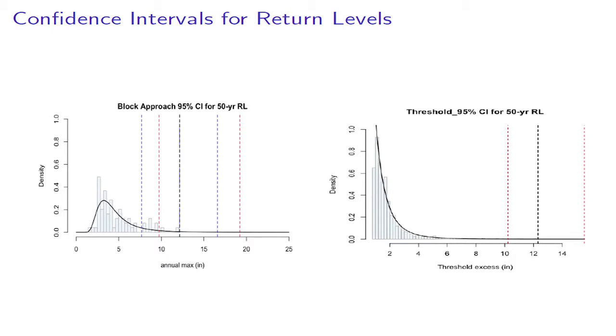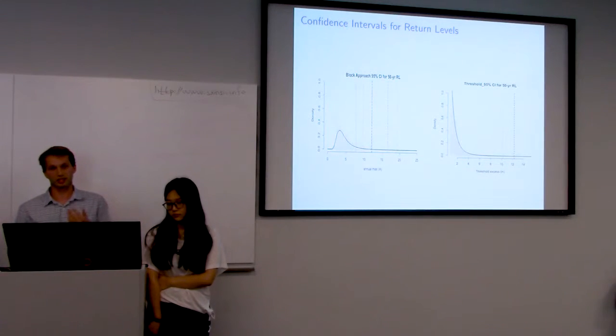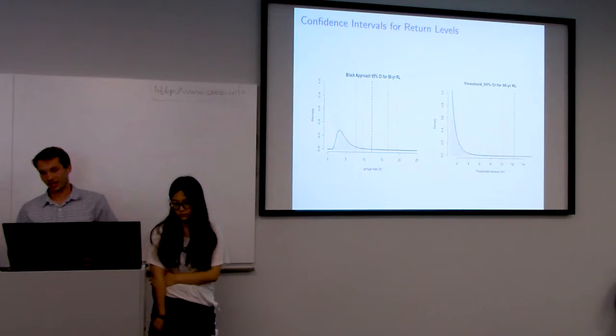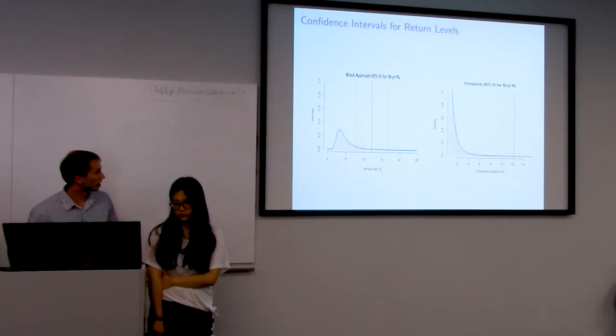Another way that we can compare these two approaches, GPD and GEV, is to look at return levels. Return levels answer this: after so many years, say 100 years, what would we expect the rainfall event to be? How much rain after 100 years would be classified as an extreme event?